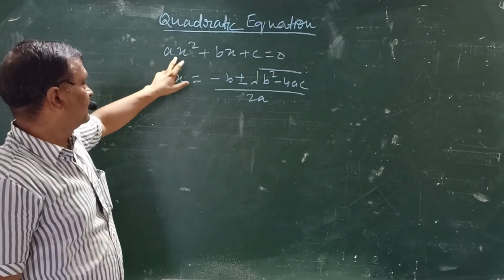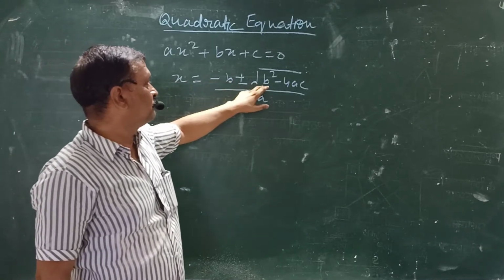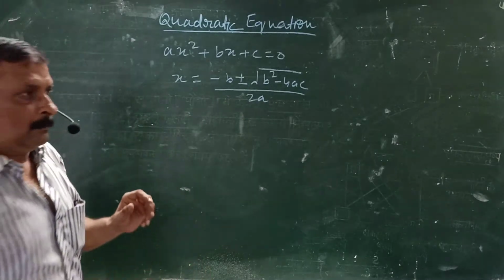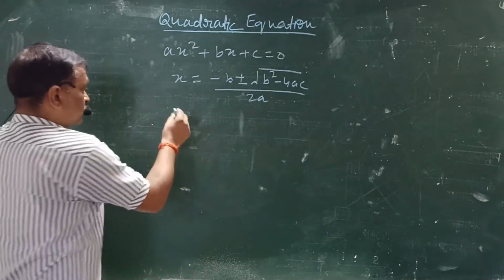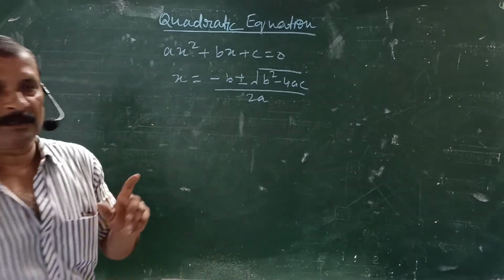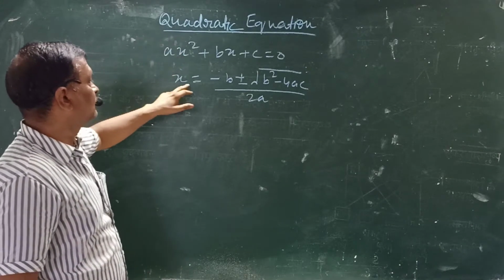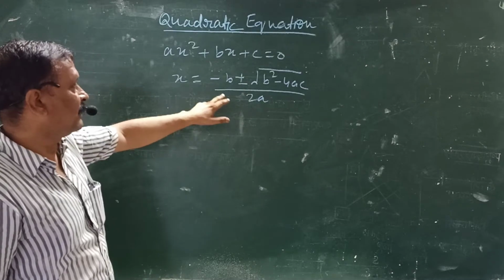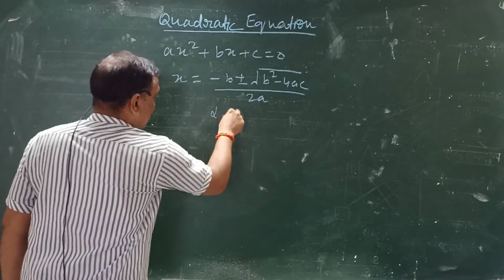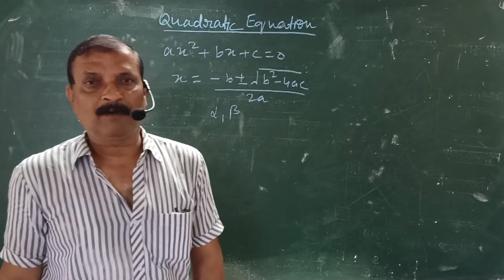Then the solution of this quadratic equation is x is equal to minus b plus minus root b square minus 4ac upon 2a. So there are two roots; the quadratic equation has two roots, alpha and beta.